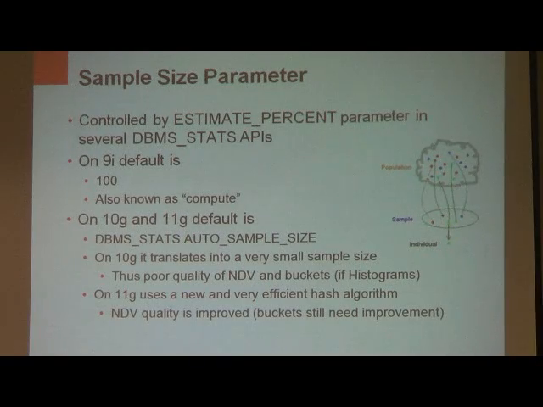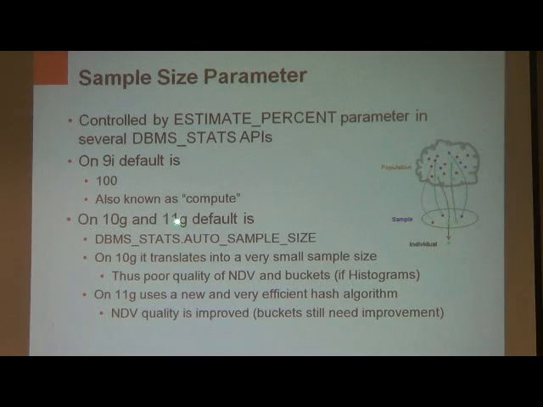Okay, so when we specify the sample size, we use this parameter, estimate percent. And on 9i, if we go back to the case of 9i, the default was 100%. So that means when you were gathering statistics on 9i and you would not specify estimate percent, it was using 100%, also known as compute.